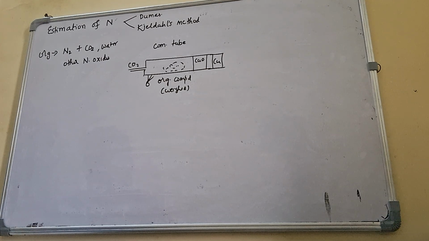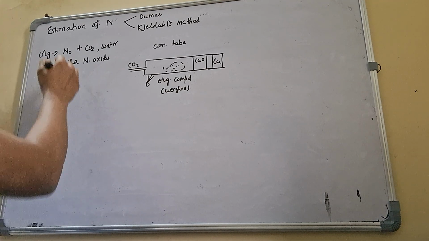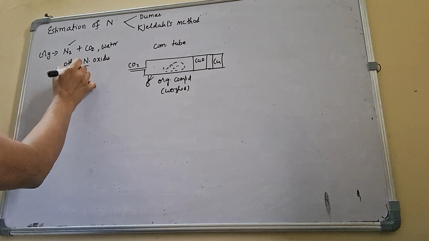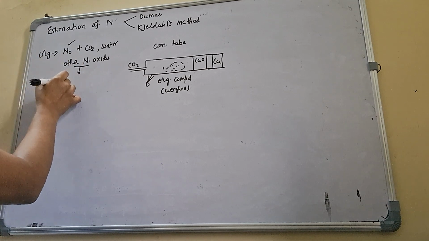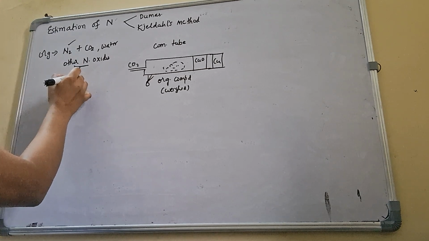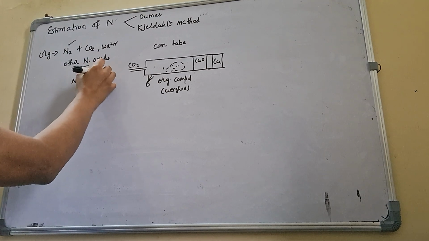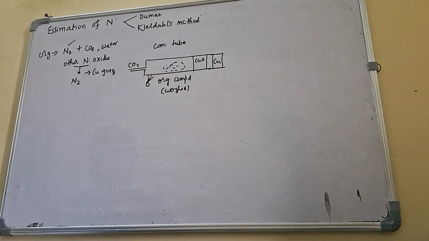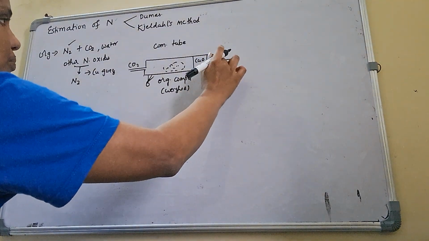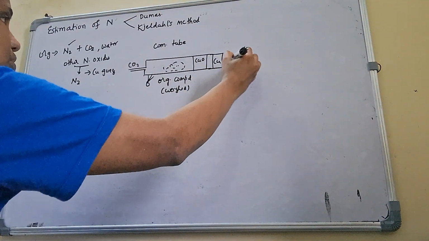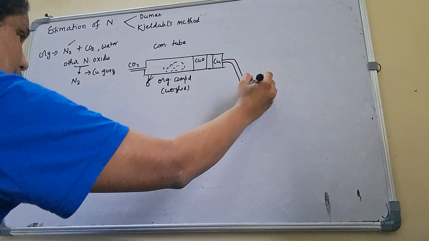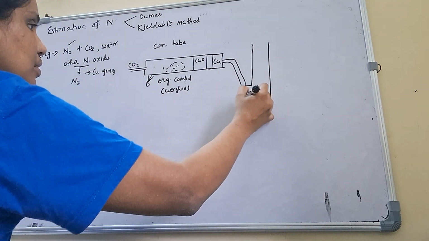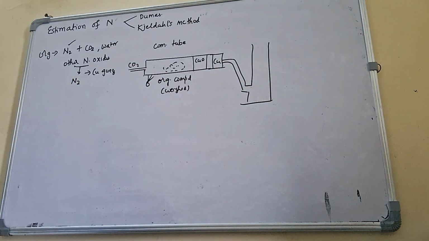Now the nitrogen you directly got, but what about the oxides of nitrogen? You have to convert them into nitrogen by passing them over the copper gauze. That's the reason you have this copper gauze. How are you collecting it? You are collecting it in this apparatus.